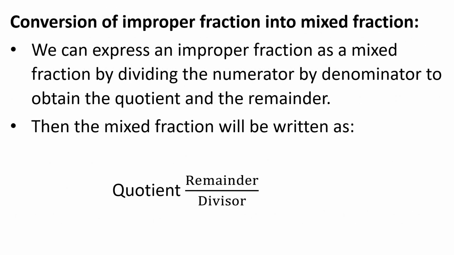Conversion of improper fraction into mixed fraction. We can express an improper fraction as a mixed fraction by dividing the numerator by the denominator to obtain the quotient and the remainder. Let's understand it by example.